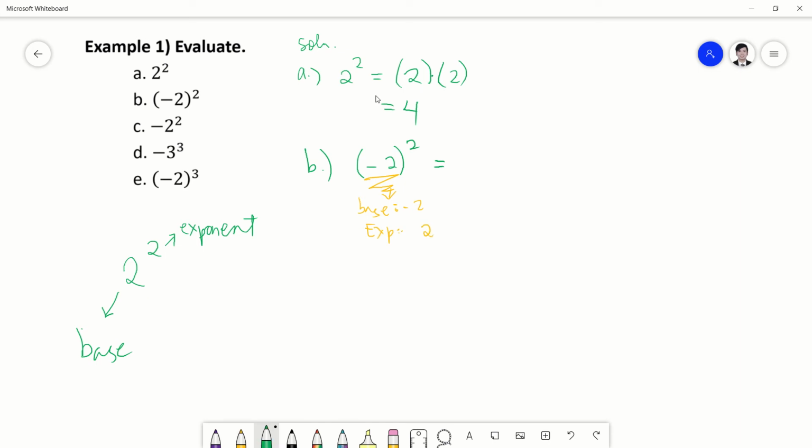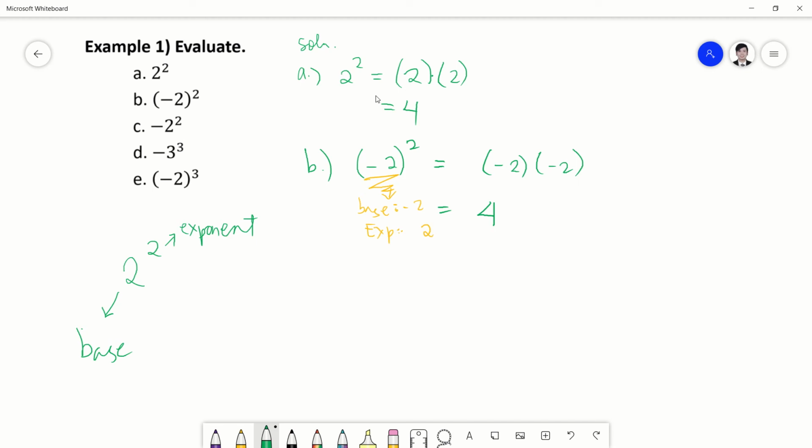That means you need to multiply the negative 2 by itself twice. Negative 2 times negative 2, they have the same sign, and the operation is multiplication, so it will turn out to be positive. And 2 times 2 is 4.